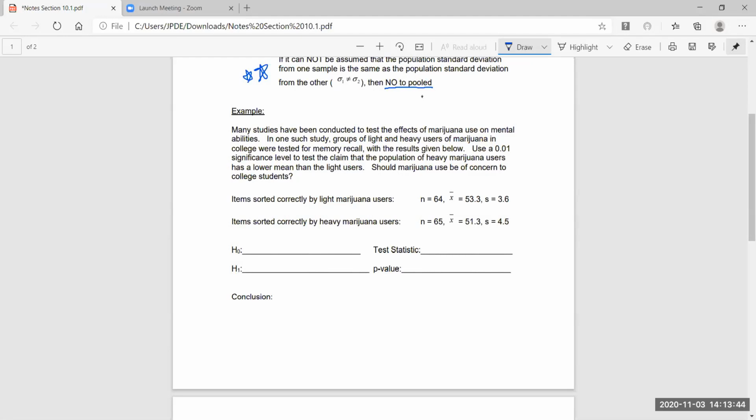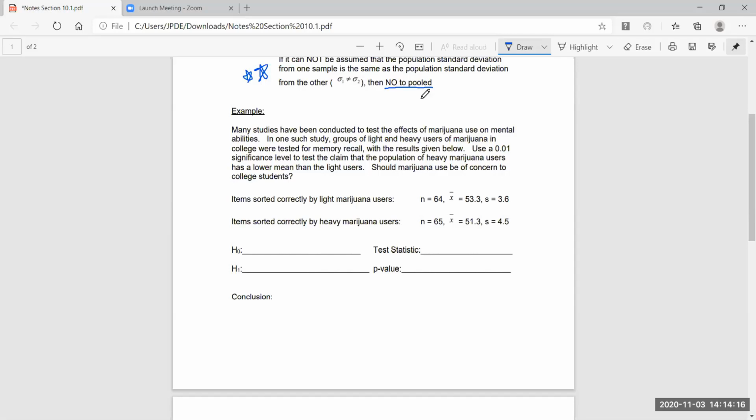And all of the rules that we learned about that process, about that step 1, step 2, step 3, step 4 process for hypothesis testing remain the same. The only difference now is we're comparing two samples, so we're going to have a different test that we use or a different calculator function. And yes, there's a formula we could use as well. The calculator will do the number crunching a little more easily.